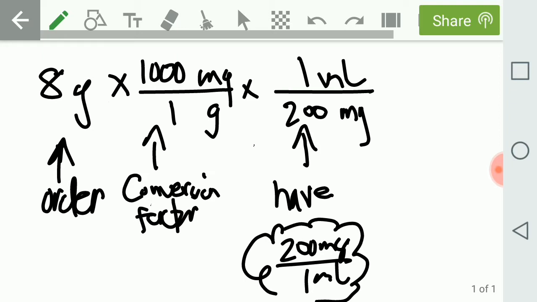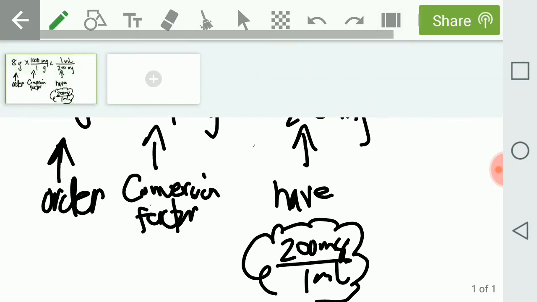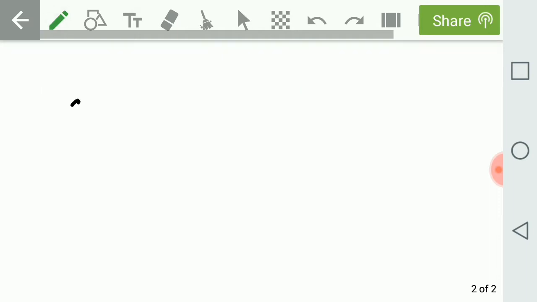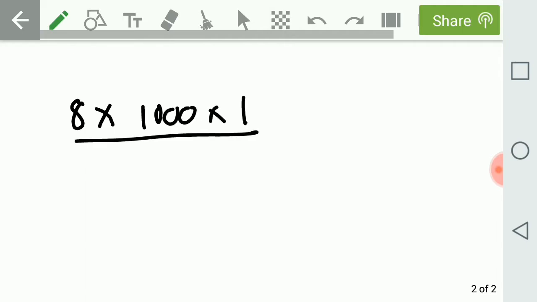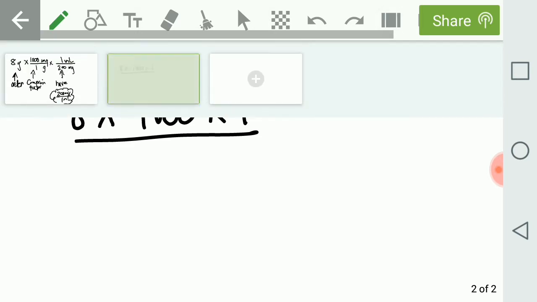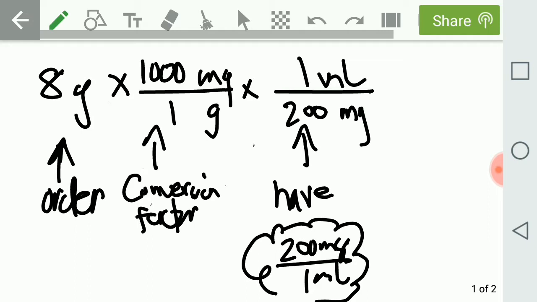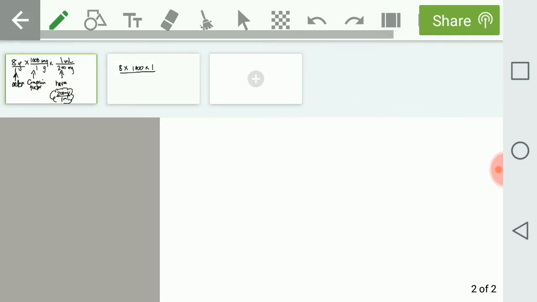And so now we can multiply everything on the top. So we're going to have 8 times 1 times 1,000, or 8 times 1,000 times 1, all over, we're going to have a 1 under here, understood. 1 times 1 times 200.